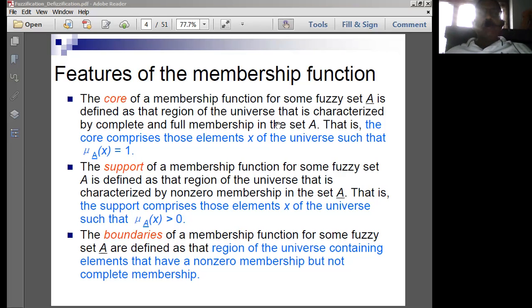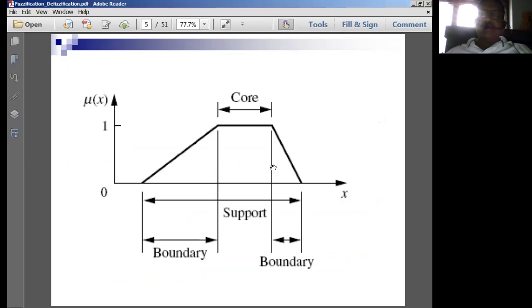The core of a membership function for fuzzy set A is defined as that region of universe that is characterized by complete and full membership in a set A. That means we already discussed that the fuzzy set comprises basically two things. One is the generic value, along with the belongingness.